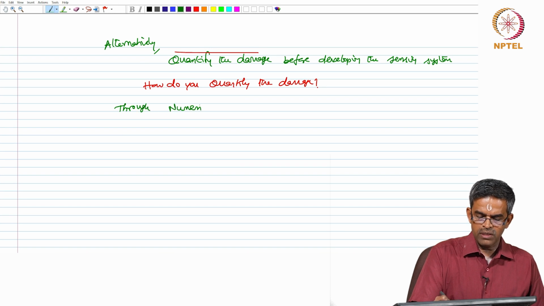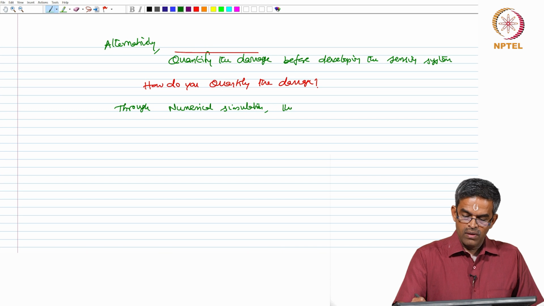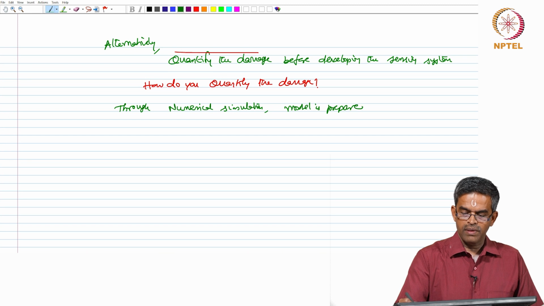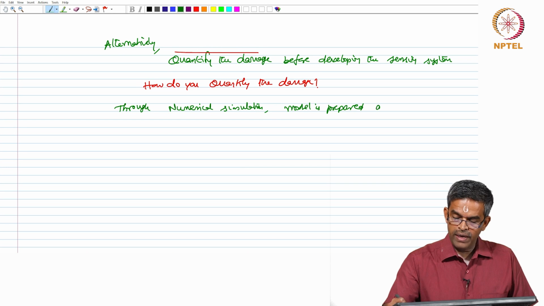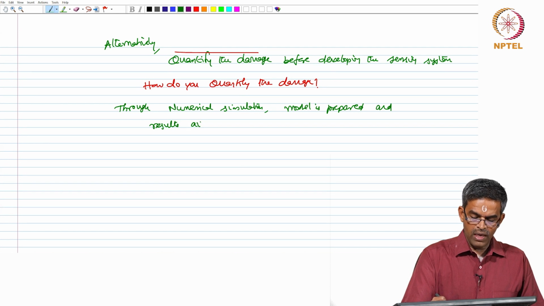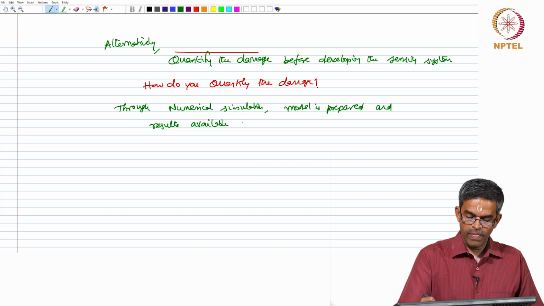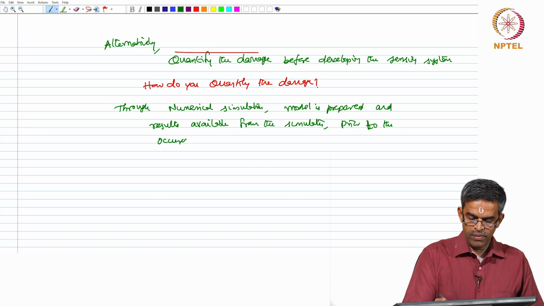Through numerical simulation, a numerical model is prepared, and results available from the simulation prior to the occurrence of damage are noted.